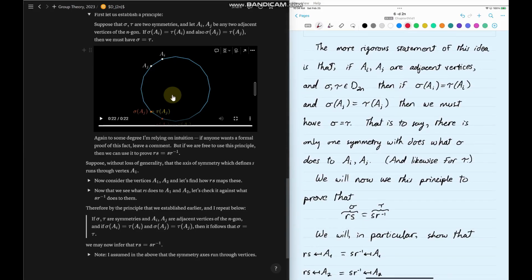The more rigorous statement of this idea is that if A_i, A_j are adjacent vertices and sigma, tau are two symmetries of the regular n-gon, then if sigma A_i equals tau A_i and sigma A_j equals tau A_j, then we must have sigma equal to tau.